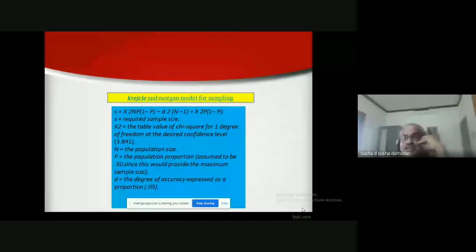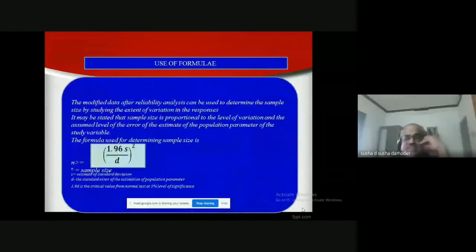What is the need for calculation of chi square? So I would prefer this formula. This formula is much more reliable for the fixation of optimum sample size for your study, because this formula can be applied against the information furnished by the respondents in the pilot study.